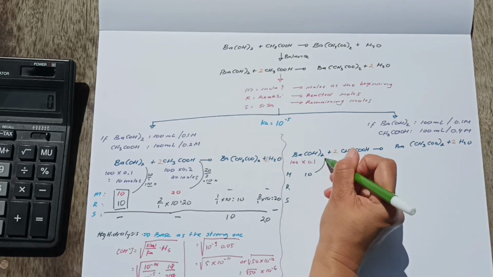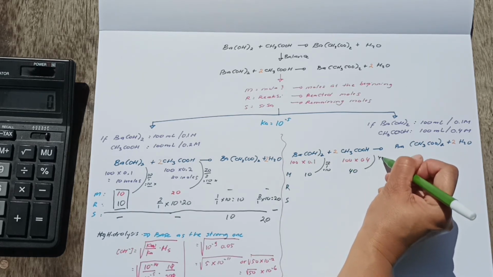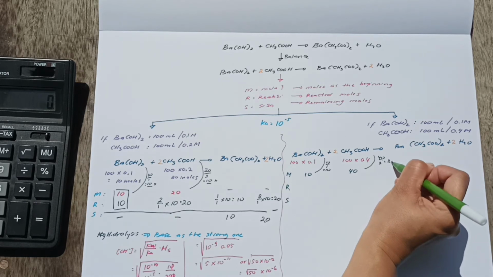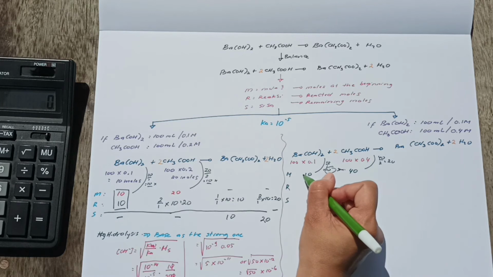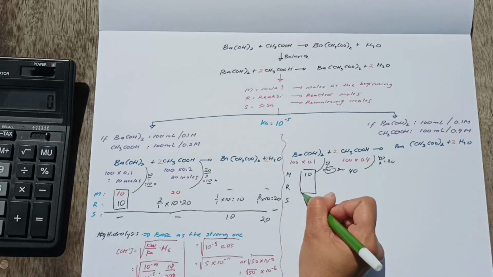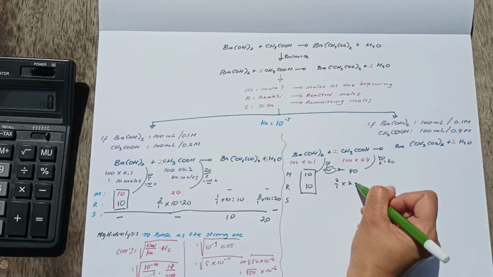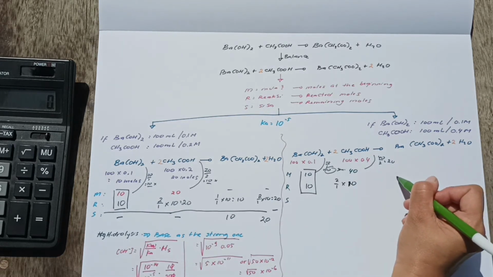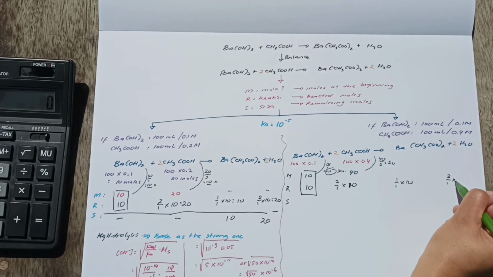So 10 divided by 1 is 10 and 40 divided by 2 is 20. So this one is smaller. Since this is smaller, we're going to use this. Again, 10, 2 per 1 times 10, 1 per 1 times 10, and 2 per 1 times 10.